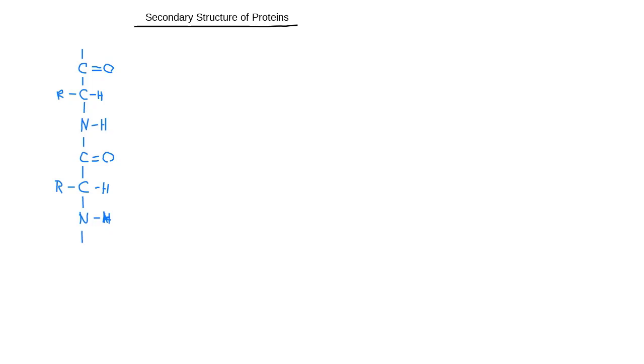And then I have a C double bond O, a carbon attached to an R group, and then I have a nitrogen attached to a hydrogen. You should be seeing at this point that this pattern is continuing. All right, and so it keeps going down that way, and then it comes back up.